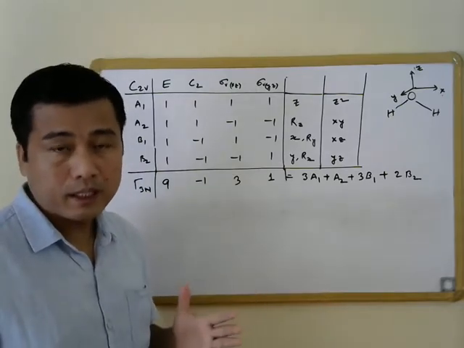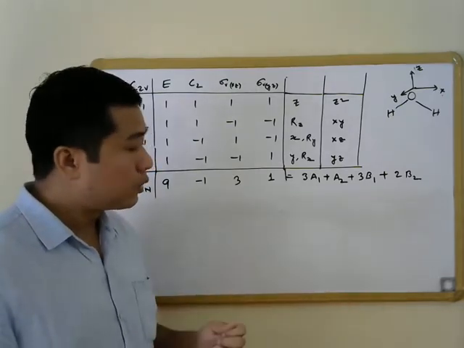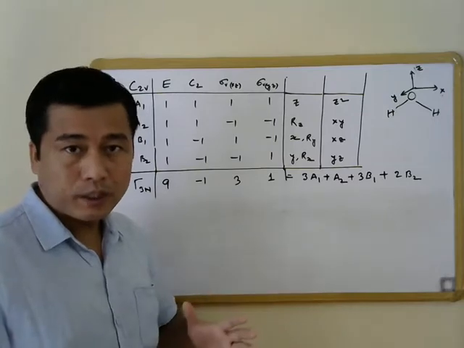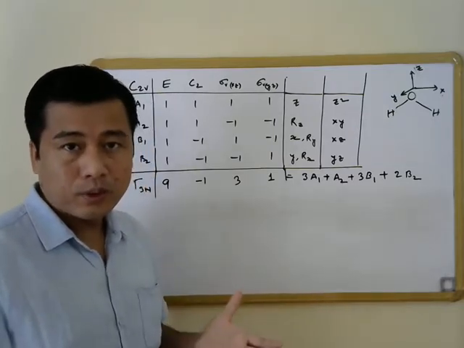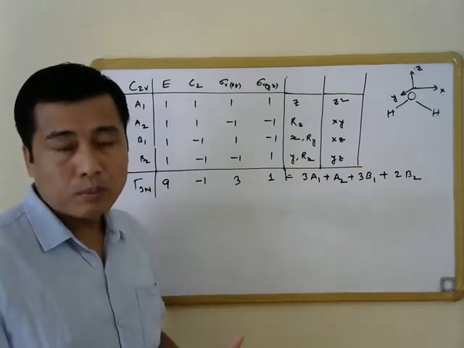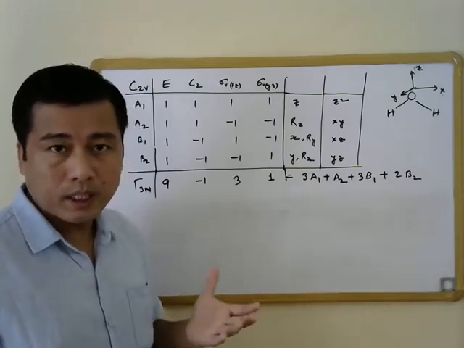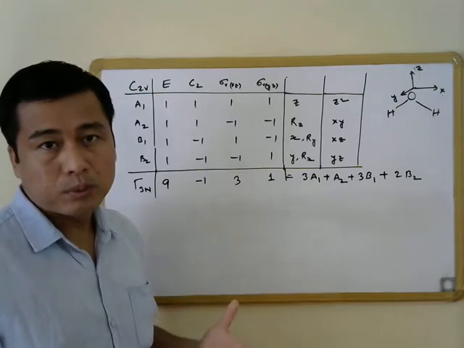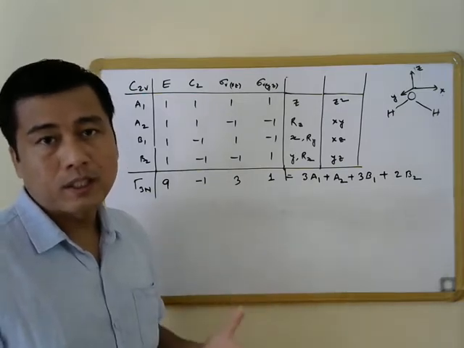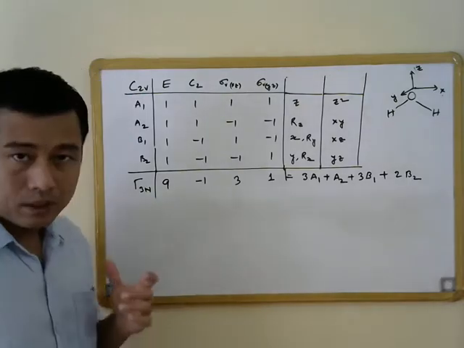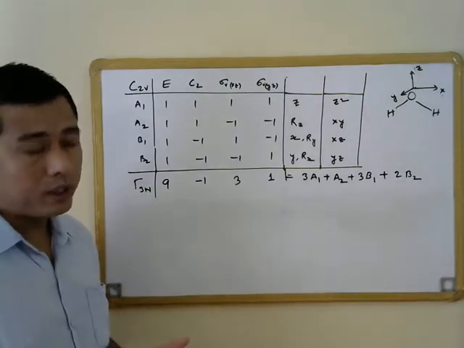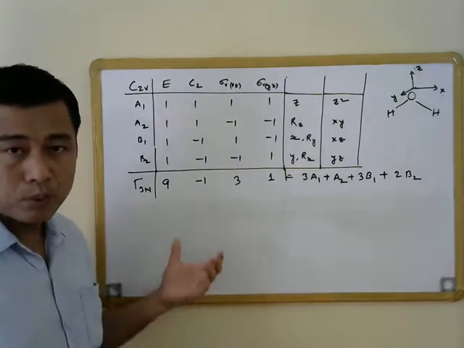So we should deduct the irreducible representations for the translational modes as well as the rotational modes, and then we will get the irreducible representations for the vibrational modes of symmetry. We can do this exercise by two different approaches, and we will illustrate both these approaches over here.